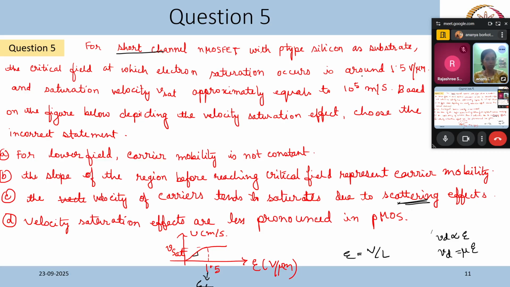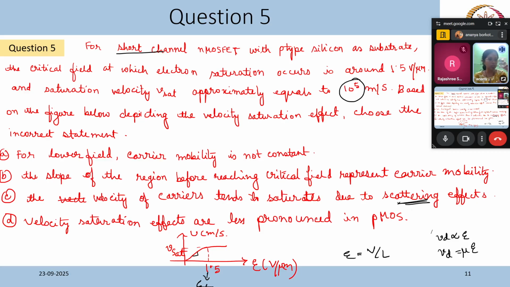This is the typical value for semiconductors, in the range of 10 to the power 5. If you are given a question where you are trying to calculate drift velocity and you find a value like 10 to the power 10 or 10 to the power 12 meter per second, you should immediately think that no, this is not possible. In semiconductors, this value is 10 to the power 5 meter per second or close to that.